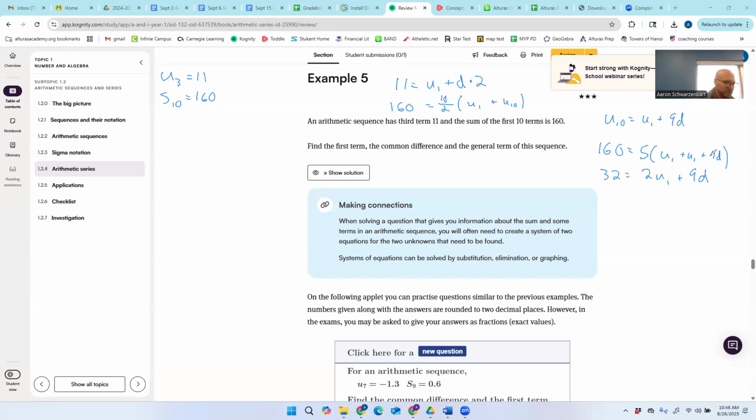Now I've still got two variables that I don't have solved for. Oh, I can take this equation right here and combine it with this equation.